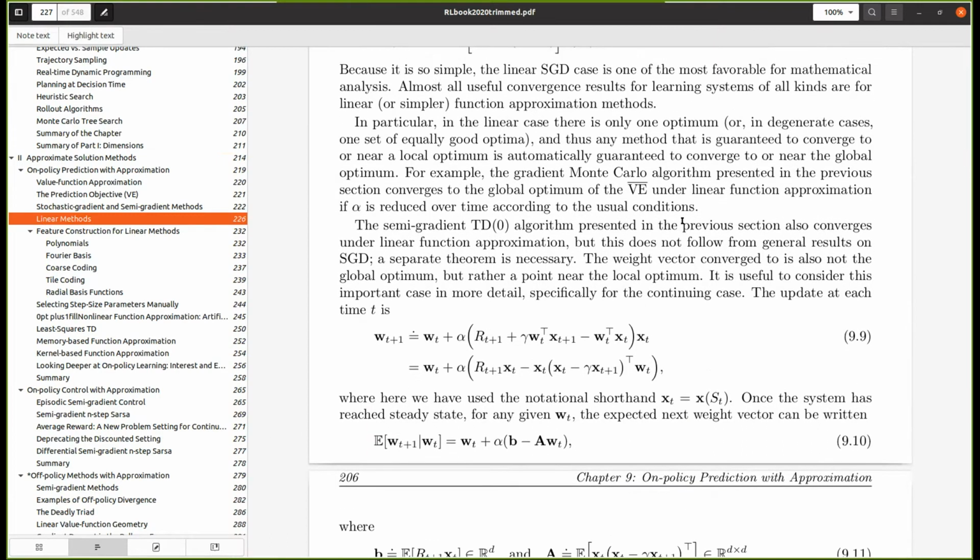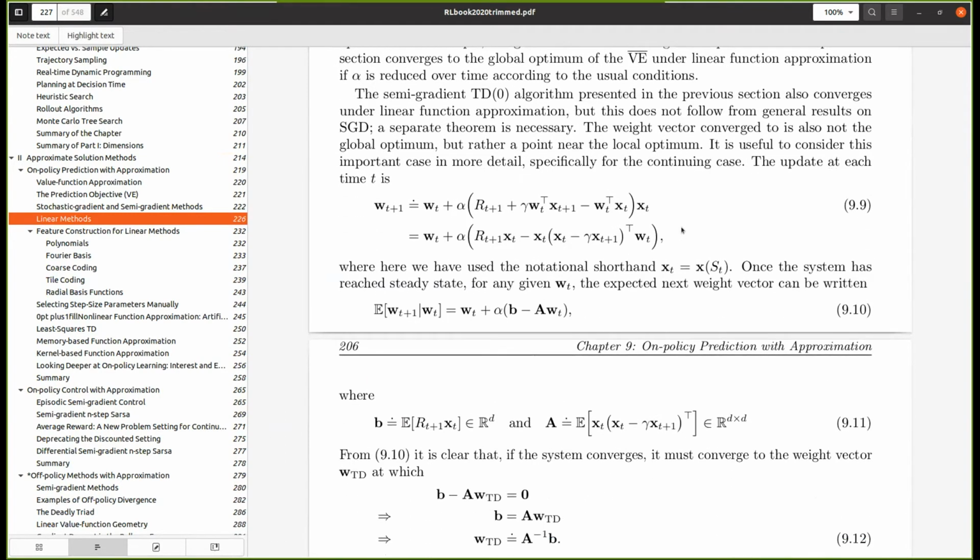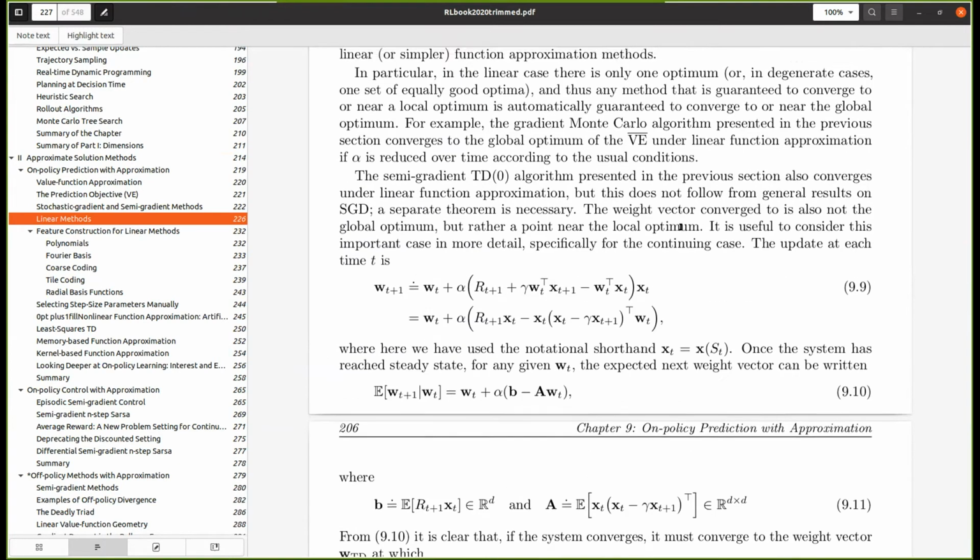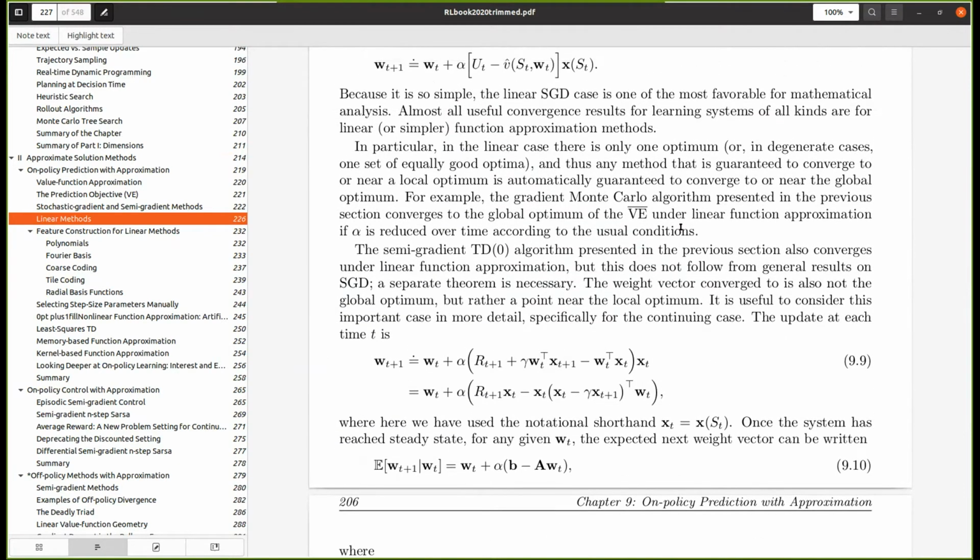Okay, now we can consider the semi-gradient TD update for this. This is a general formula, right? And we need to substitute some update target.